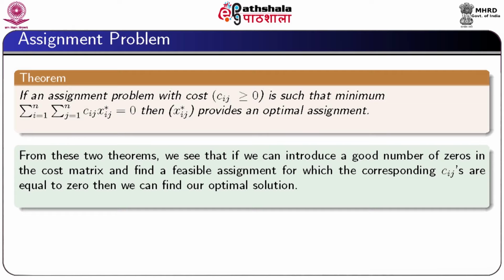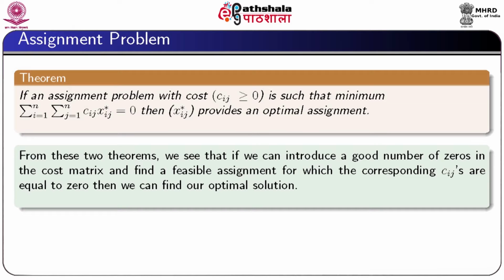We now state another important theorem. If an assignment problem with cost matrix such that Cij is greater than or equal to 0 for all i and j is such that the minimum value of the double sigma Cij Xij star is equal to 0, then Xij star provides an optimal assignment.